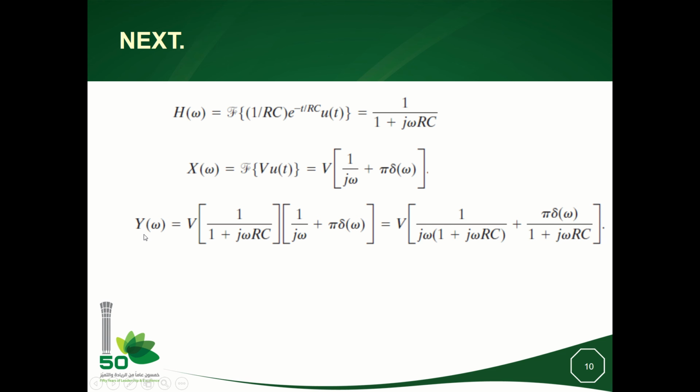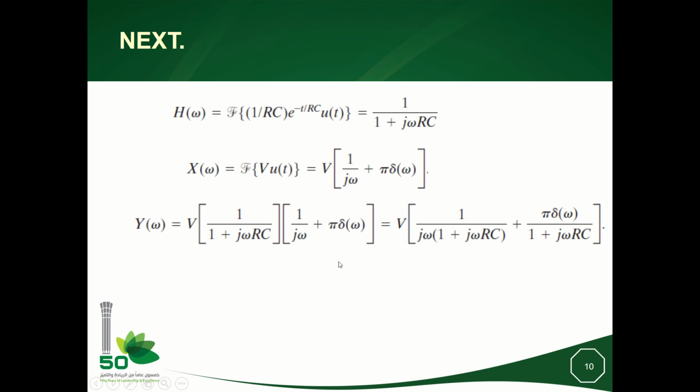Now, what is Y? Y is the output of our system, and it is the product of H and X. Here we have the product of two functions, so we will have V factor of this rational complex term plus this one.